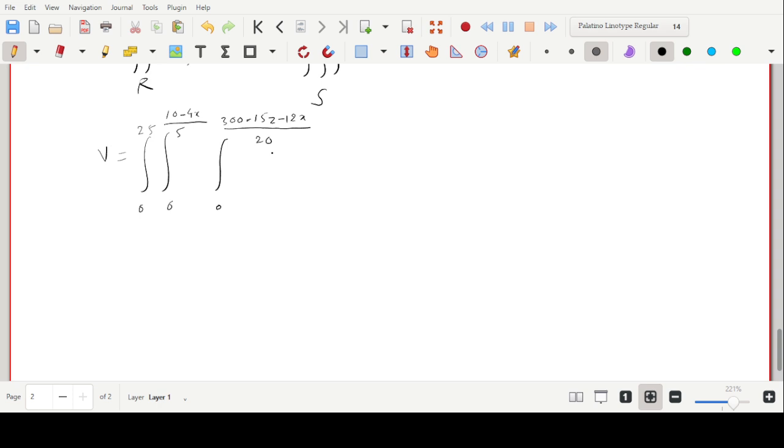So 1 multiplied by dy, dz, dx. Remember that y is varying from 0 to this, so do not mix up the limits of integration. Now this becomes the integral of dy, which is y, from 0 to 25, 0 to 10 minus 4x over 5.